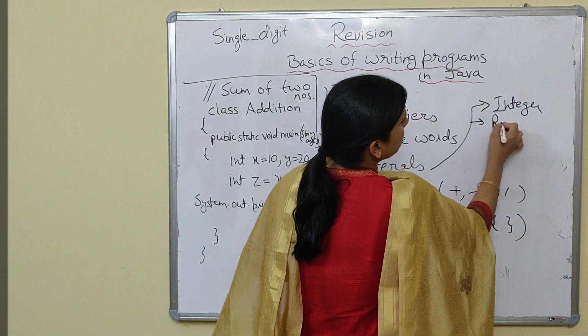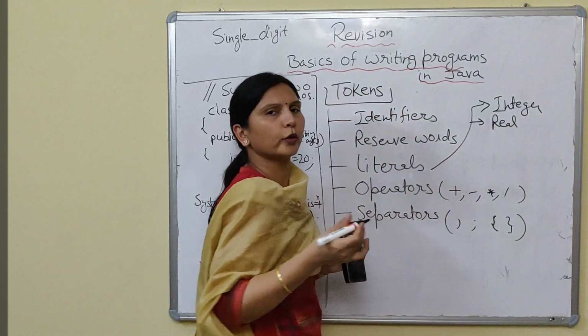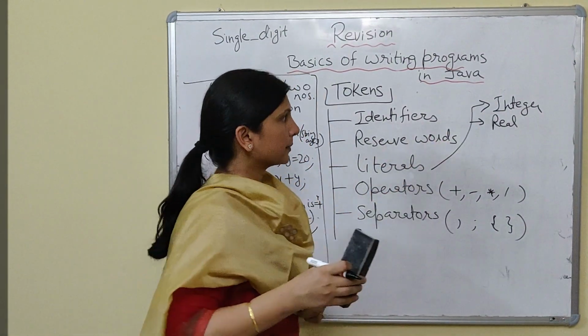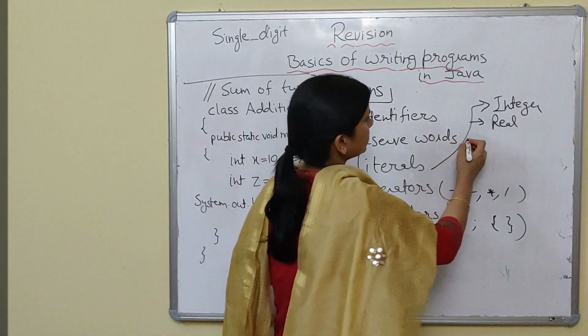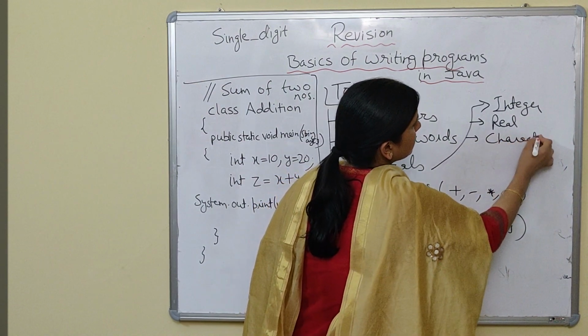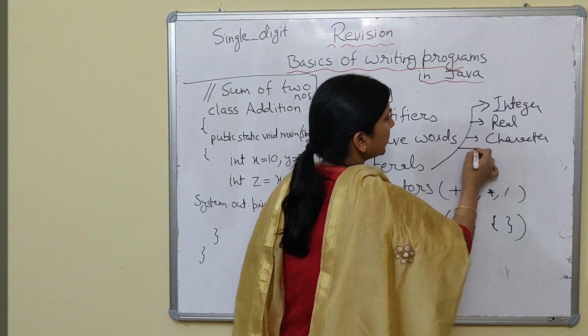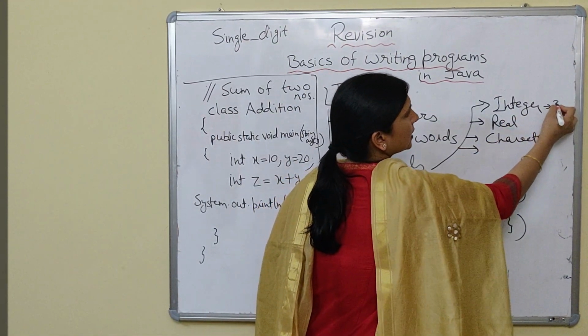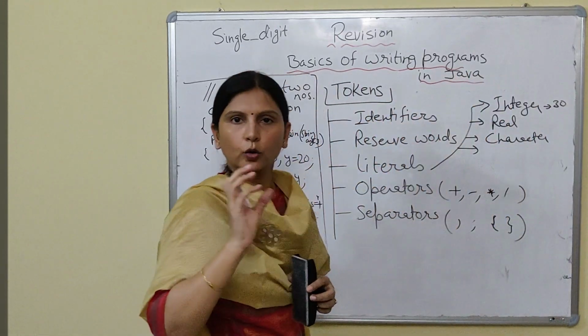Then real or floating point. Then character type literal. Integer, for example, 30, 40, 10, any whole value.